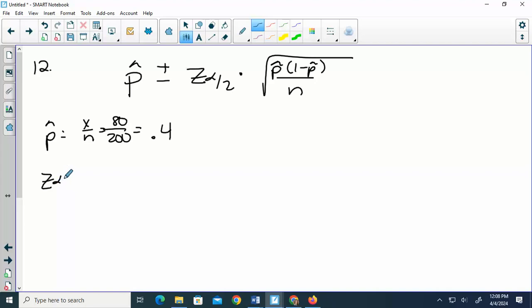Z alpha over 2. Okay, some of those are on your formula sheet, some are not. So if you need to, think about it. 98% is in the middle. So that means there's 1% on either end. Z alpha, area to the right is 1%, so to look it up in the table, you have to do the area to the left. So you are looking in your table as close as you can get to 0.99.